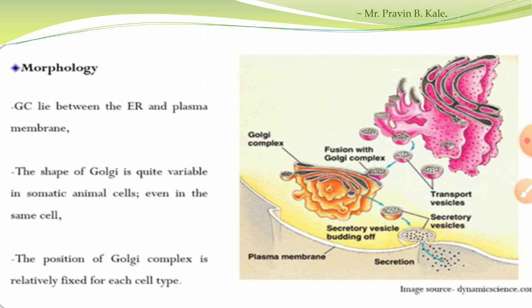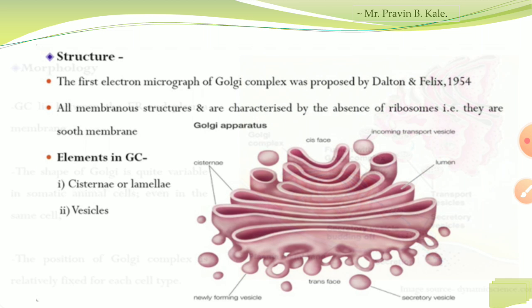Morphologically, the Golgi complex lies between the endoplasmic reticulum and the plasma membrane. The membranes of the Golgi complex, endoplasmic reticulum and plasma membrane are linked by transitional structures and by secretory granules. The position of the Golgi is relatively fixed for each cell type.